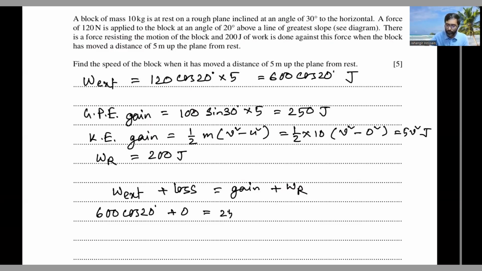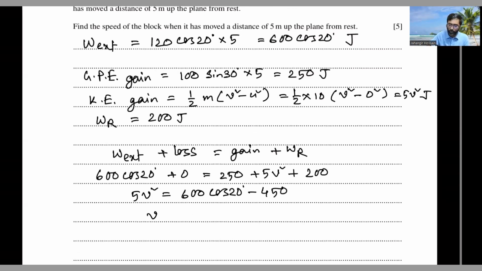Both will be included here, 250 plus 5V squared. Then there is work against resistance. So 5V squared is equal to 600 cos 20 minus 450. So we have V equal to, calculate V from here, and V equal to 4.77, correct to 3 SF.